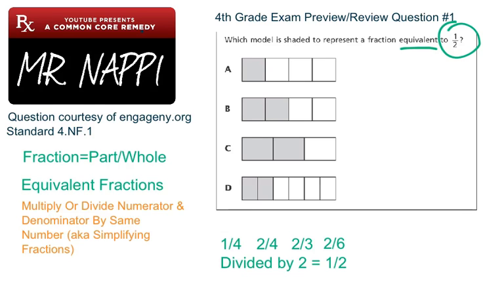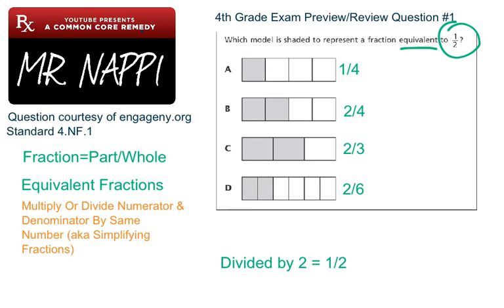So A is represented by 1/4. B is 2/4, 2 gray parts to 4 total parts. And C is 2/3. And D is 2/6.